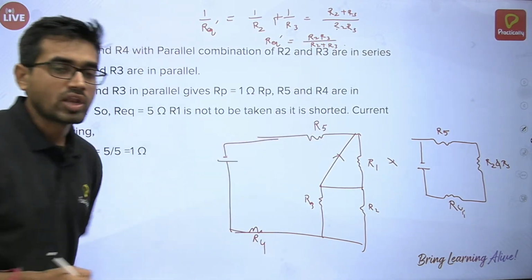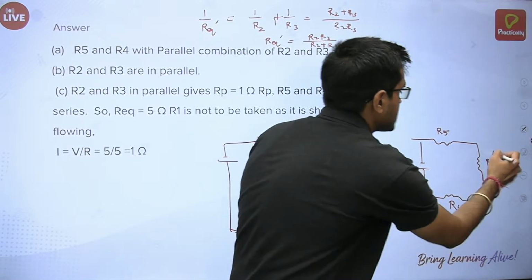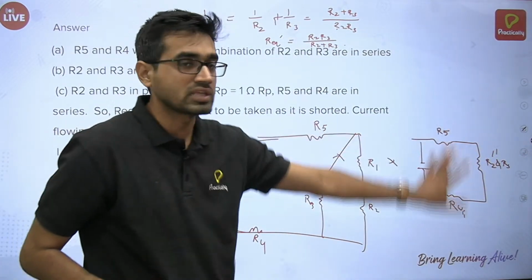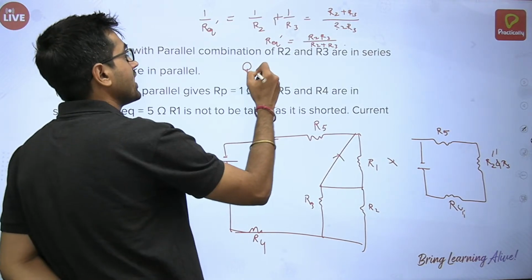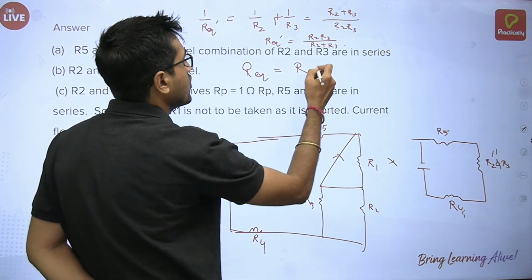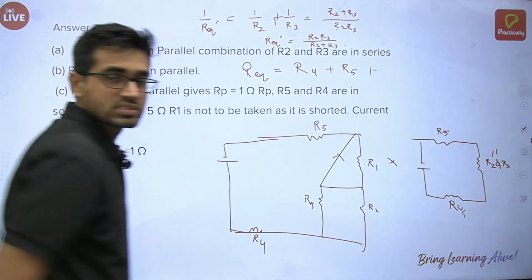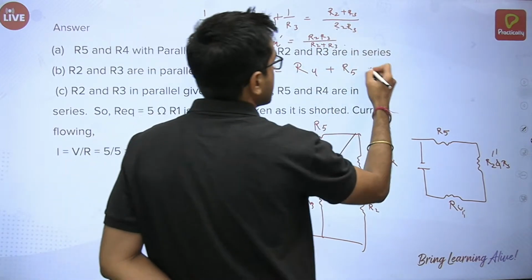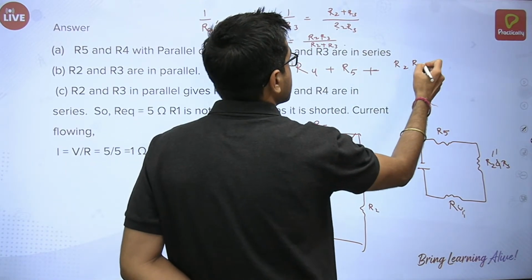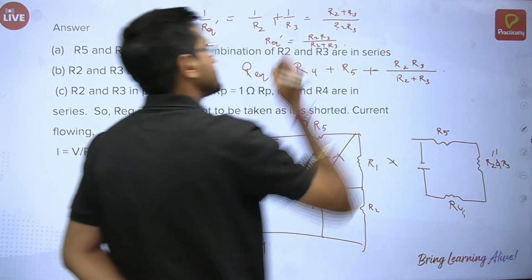Fine. Now what has happened? The parallel combination of this is in series with this. So the net equivalent resistance is R4 plus R5 plus the series part, which is R2 R3 divided by R2 plus R3.